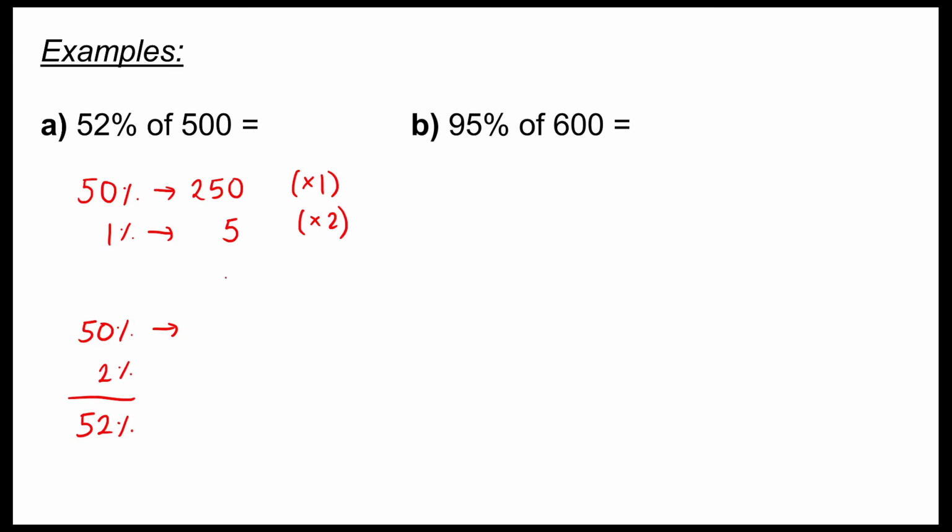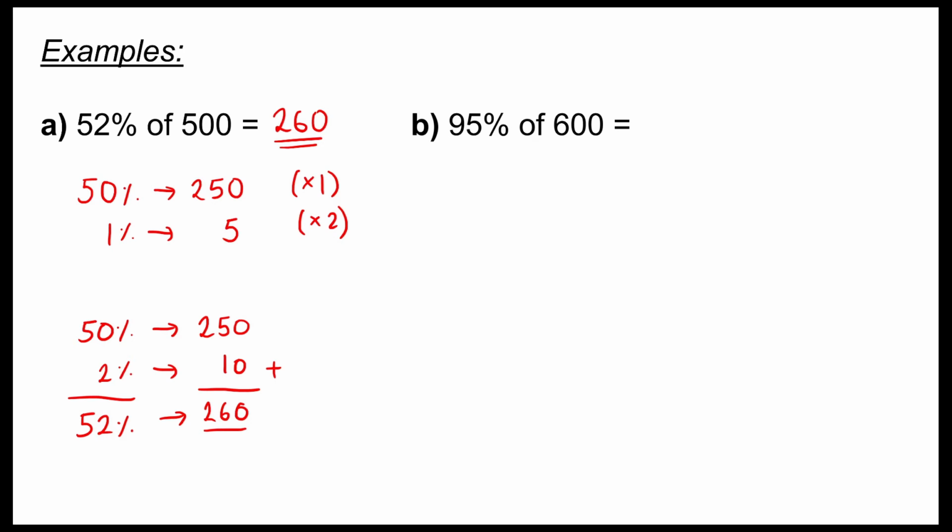I know that 50% from what I've worked out is 250, and 2% is 2 lots of 1%, meaning 2 times 5, which is 10. Adding these together gives me my total of 260, meaning 52% of 500 is 260.